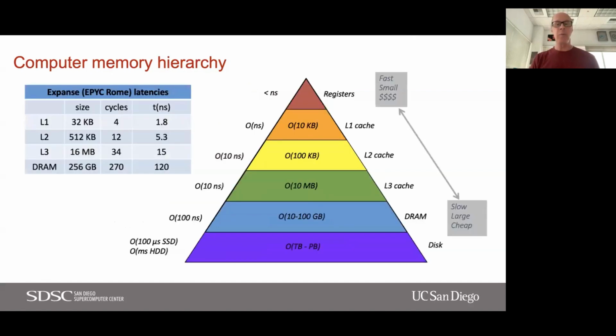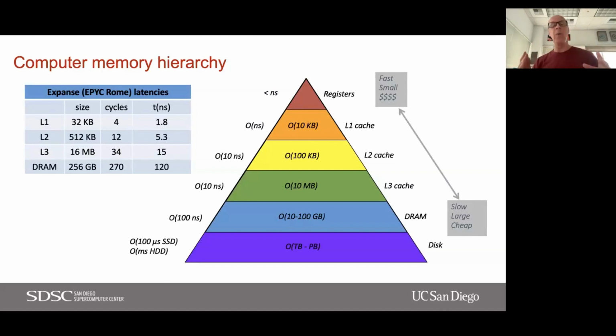And I'm just going to show some numbers that are relevant to Expanse. So these are, I think, a little approximate, but if data is in L1 cache, it's available in 4 cycles. If it's in L2 cache, 12 cycles, L3 cache, 34 cycles, and if it's in DRAM, 270 cycles.